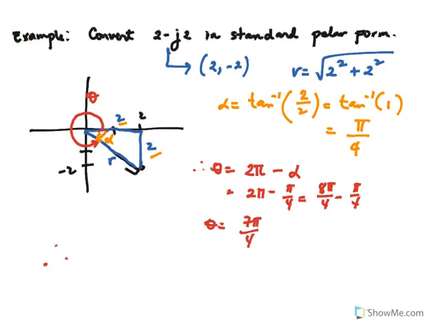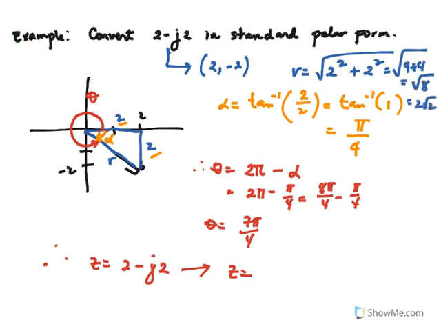Therefore, z equals 2 minus j2 can be written in standard polar form as z equals, okay, your r is, hindi pa pala natin tapos yung solve yung r. So r is the square root of 4 plus 4, or that's the square root of 8. Or square root of 8 is 2 square root of 2. So that's 2 square root of 2 cis 7 pi over 4.